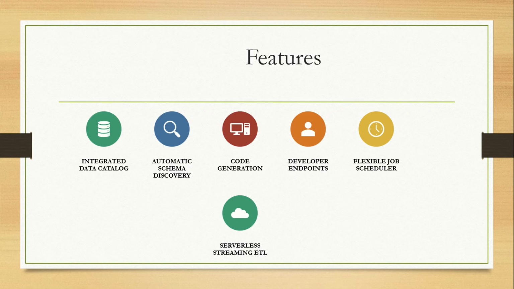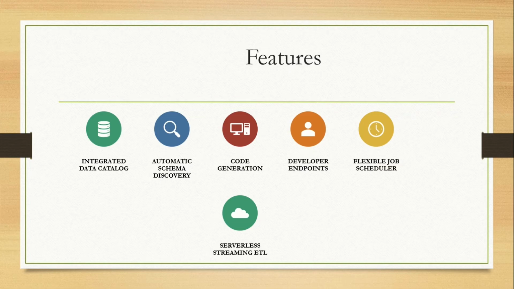Let's go into the features of AWS Glue. Integrated data catalog, which means that it is integrated to multiple sources and it can write into multiple destinations. And within the crawler also, you can connect to another data source and create the tables. Automatic schema discovery. When you connect to a data source using the crawler, it is going to directly retrieve the schema of your data and create the external tables.